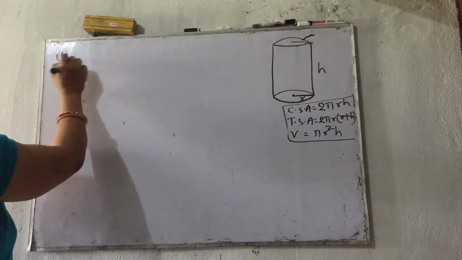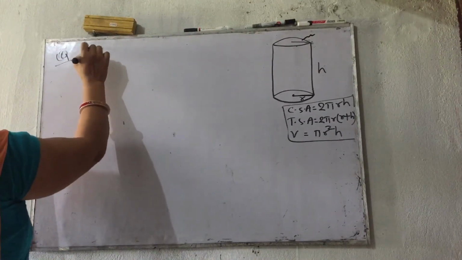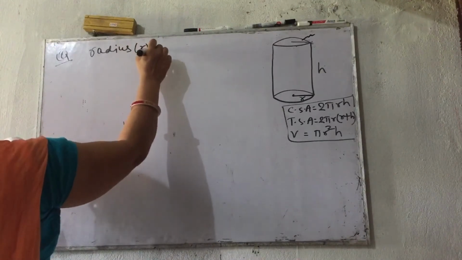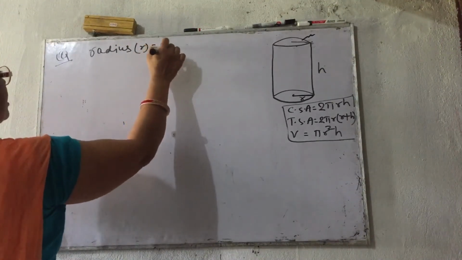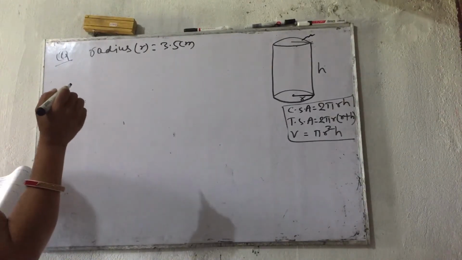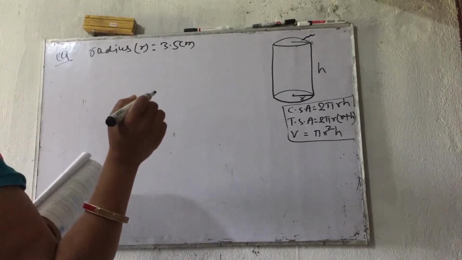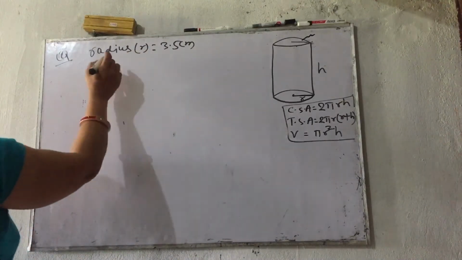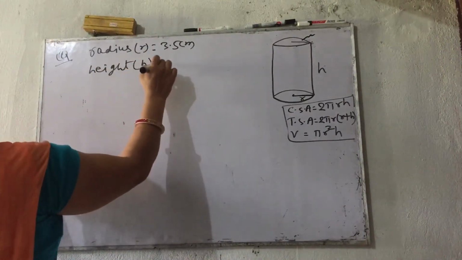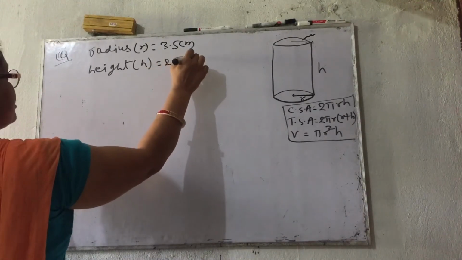Question I am taking: radius r equal to given 3.5 cm, and it is 20 centimeter long, that means height equal to given 20 centimeter.